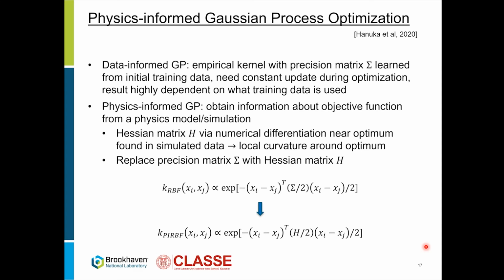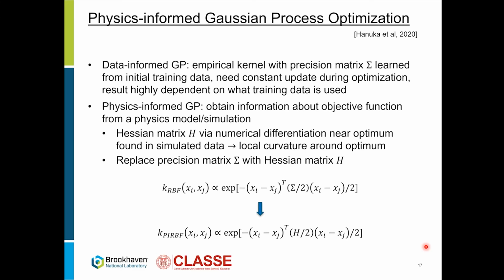So you collect a bunch of data from the simulation of your system, and then you do a differentiation around the maximum or the minimum, depending on your problem. This gives you information about the local curvature around the optimum of the objective function. So you can replace the empirically calculated precision matrix sigma in your kernel function with the Hessian matrix H, which contains more information about the actual physics of your problem.